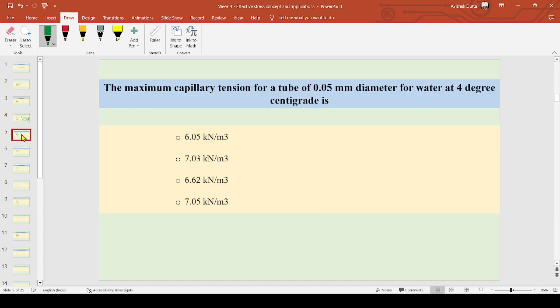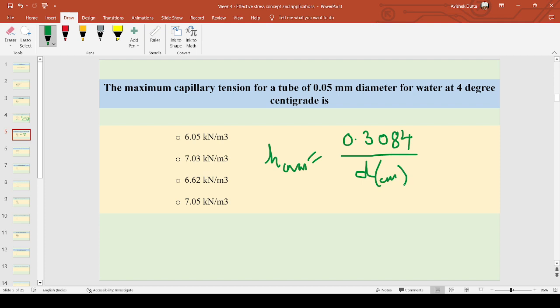The next question is: the maximum capillary tension for a tube of 0.05 mm diameter for water at 4 degrees centigrade is. Now there is a formula for the maximum height of capillary: HC max is equal to 0.3084 divided by D, where D should be in centimeter.